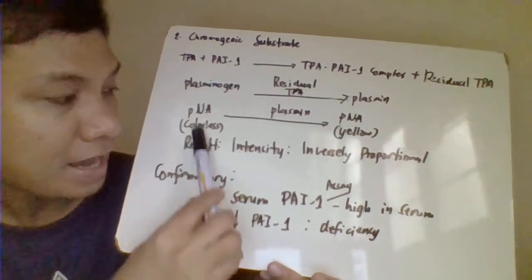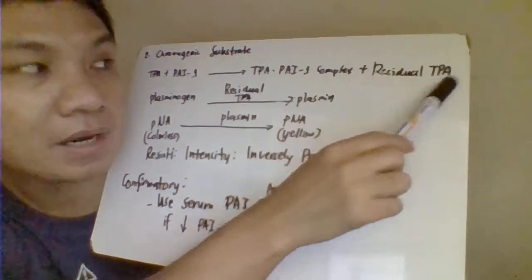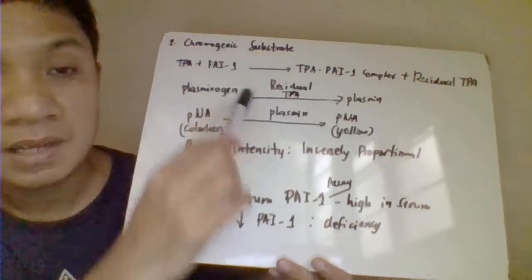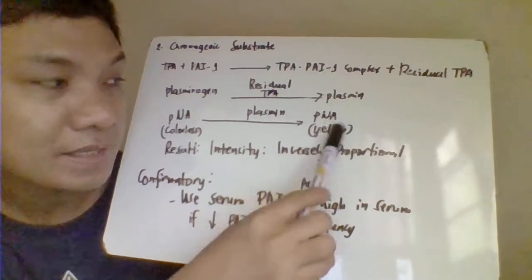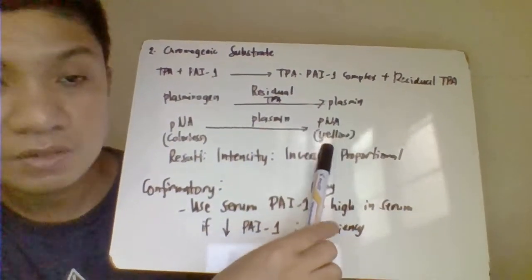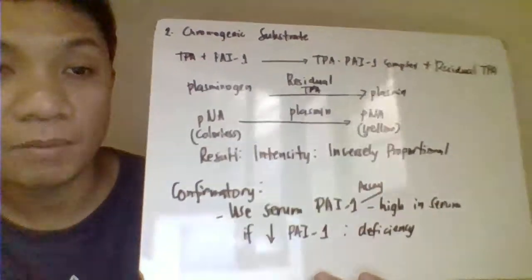So therefore, pag madami kang intensity or sobrang yellow nito, meaning to say madami kang residual na TPA, and meaning to say ang decrease ang ating PAI-1. Pag wala ka masyadong residual TPA, konti din ang intensity nito, hindi siya ganun ka-yellow na color, signifying na sobrang dami ng PAI-1 natin.